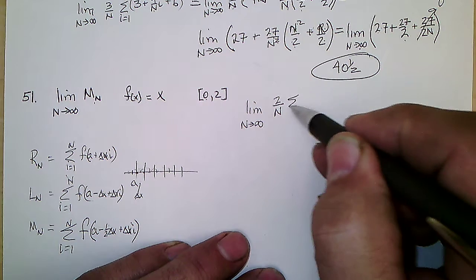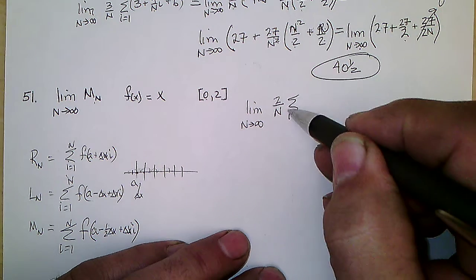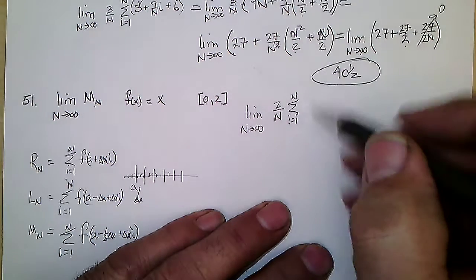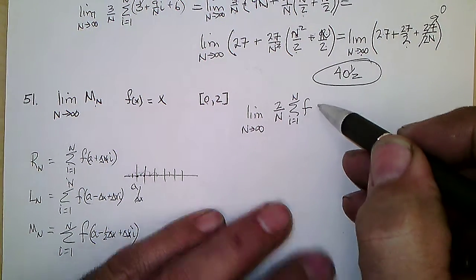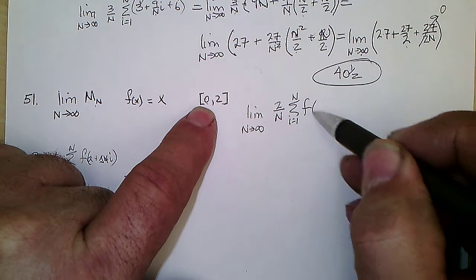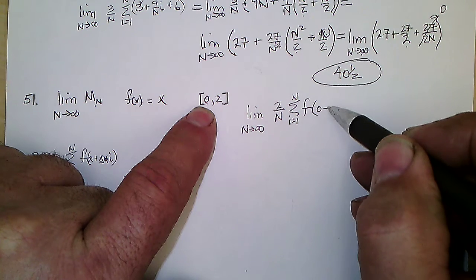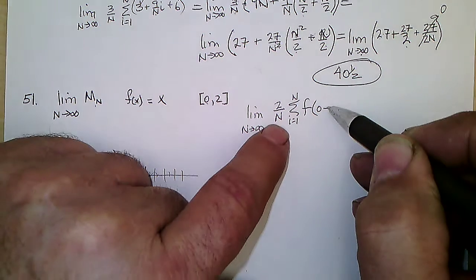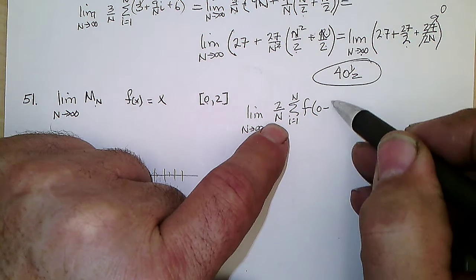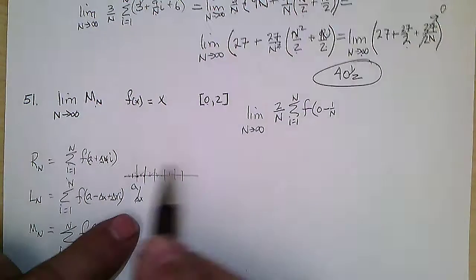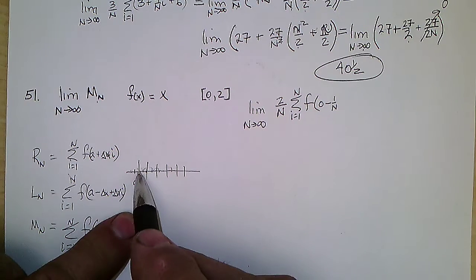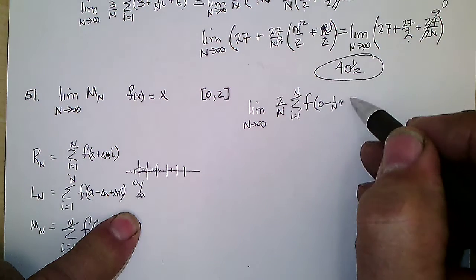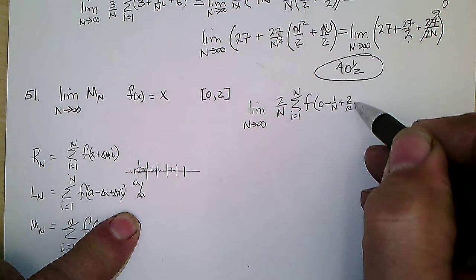I can pull that out of the sum, and then I'm going to go from i equals 1 to n of f of, I'm starting at 0, back up half of a width because I'm doing midpoint. So half of 2 over n is 1 over n. So I'm backing up half of a width, and then I'm going to jump the width, plus 2 over n times i.